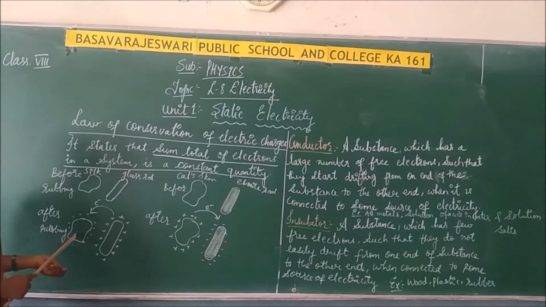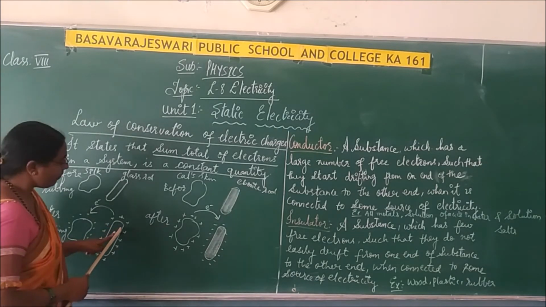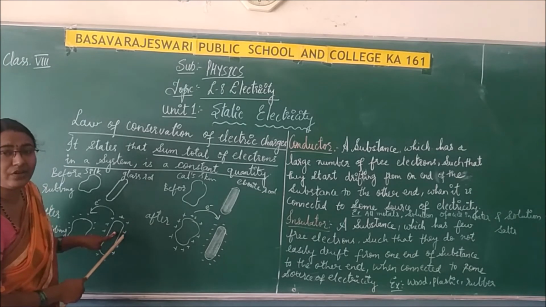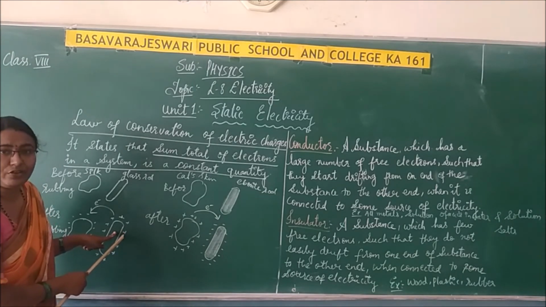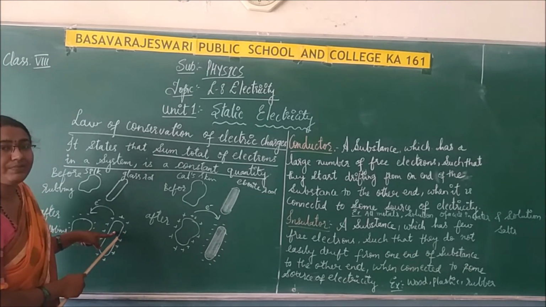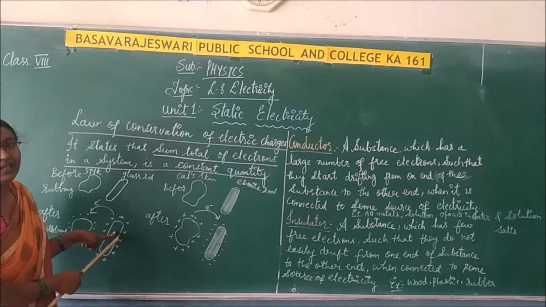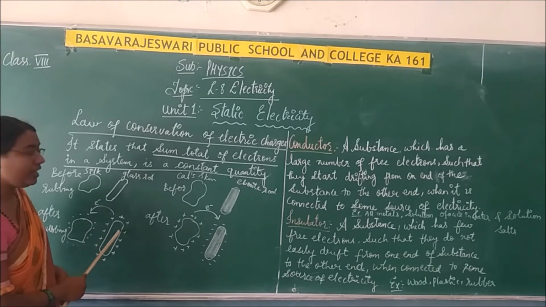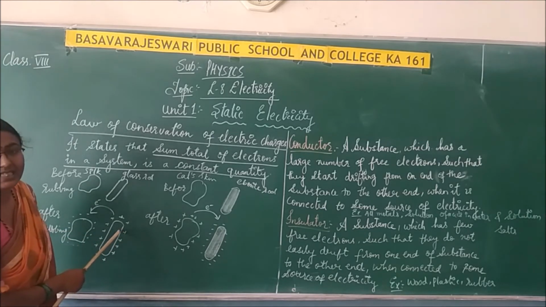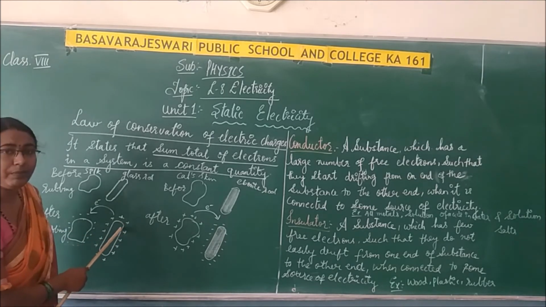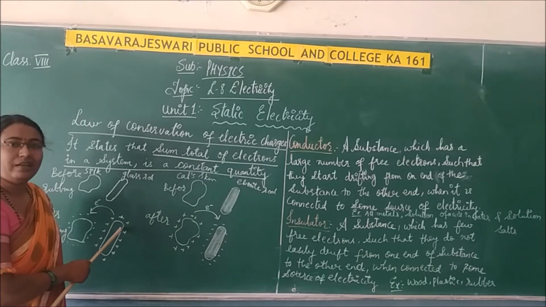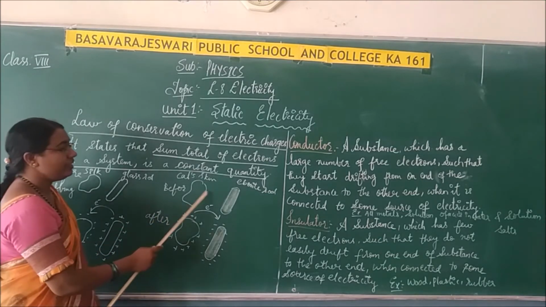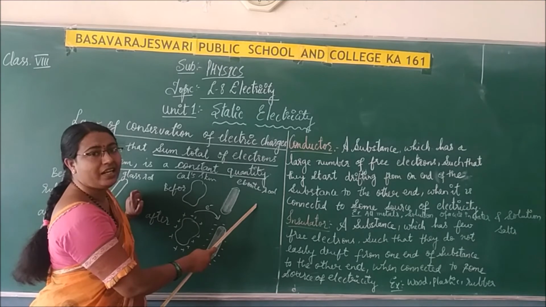Since the glass rod has lost many electrons, it got positively electrified, because there are more protons than electrons.